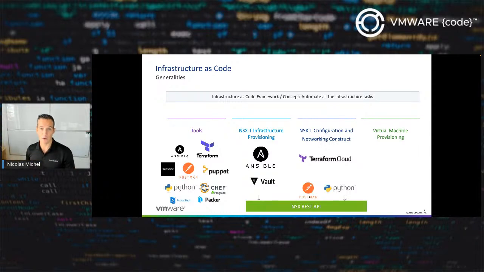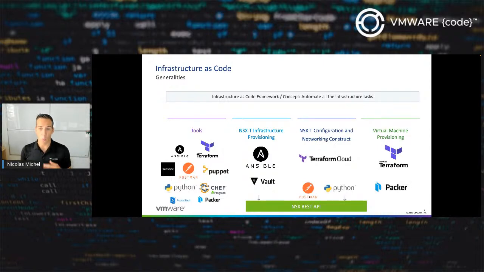We also are going to use REST API, and I will show you how to use REST API in the best way in this presentation. And as you can see, all these tools like Ansible and Terraform Cloud rely on REST API, right? They interact with NSX-T APIs because REST API is really the center of automation with NSX. We'll talk about that a little bit later.